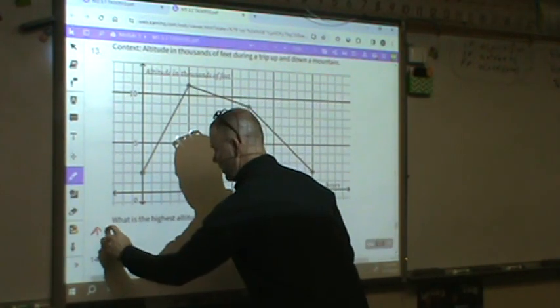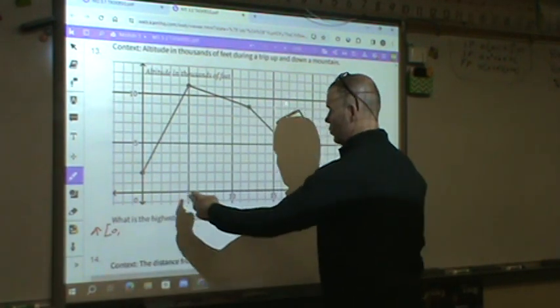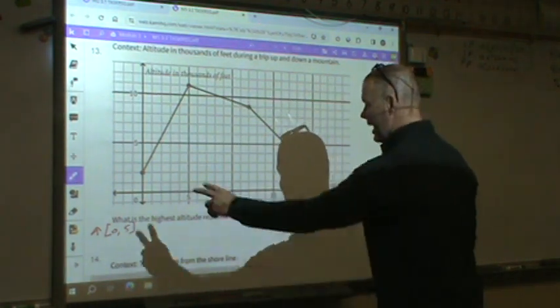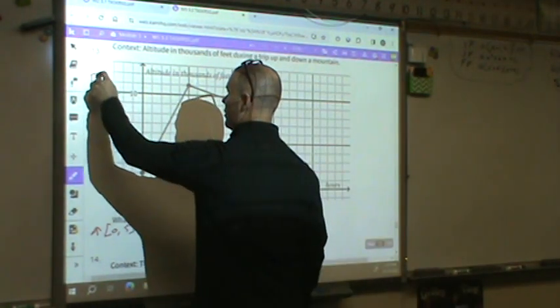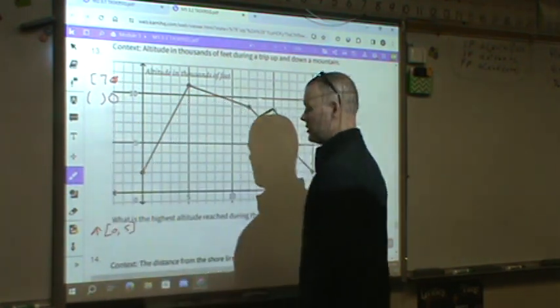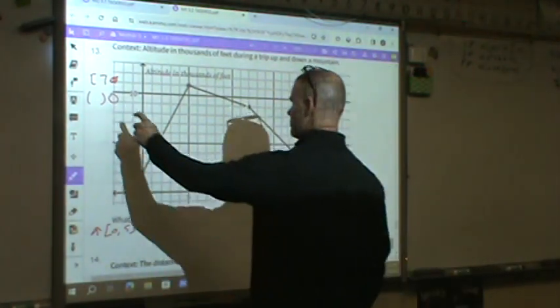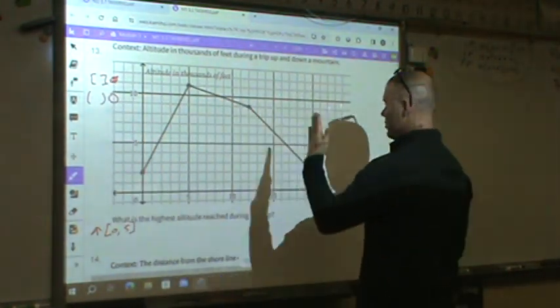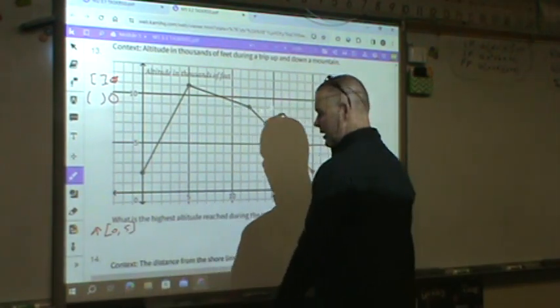It's increasing from 0 to 5, and I'm going to use brackets because brackets indicate that it includes those. Brackets would be a closed circle, parentheses would be an open circle, just so you know. Is it increasing at any other point? No, it's not increasing at any other point. So that would be increase.